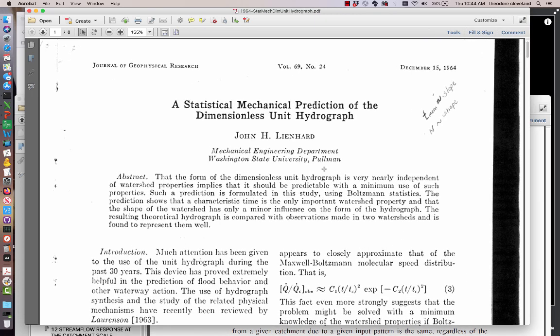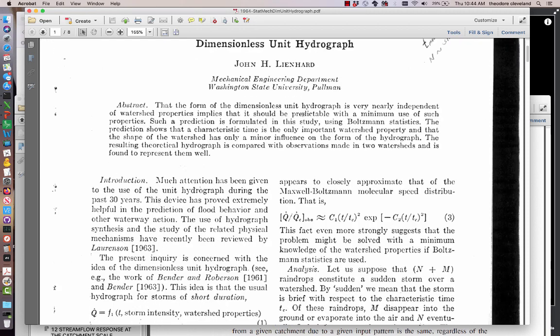He was at University of Houston at the time I knew him. Had determined that the unit hydrograph as we know it can actually be not derived so much as extracted from concepts of statistical mechanical behavior.